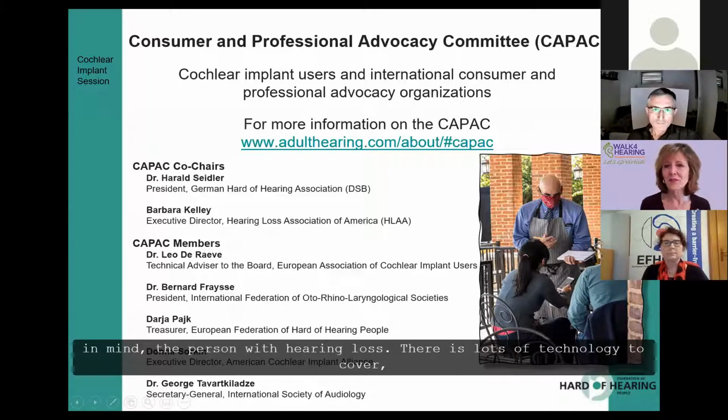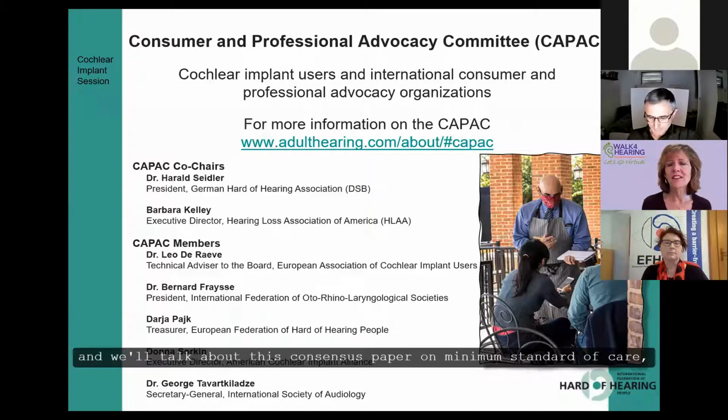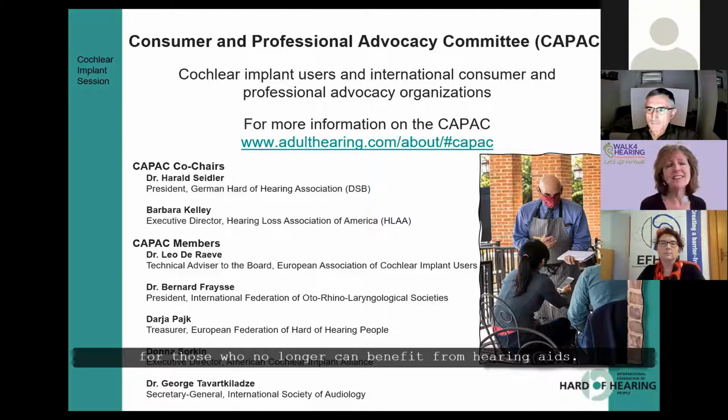There's lots of technology to cover, and we're going to talk about this consensus paper on minimum standards of care. But at the end of the day, it's about the person with hearing loss and how cochlear implants could improve quality of life for those who can no longer benefit from hearing aids.